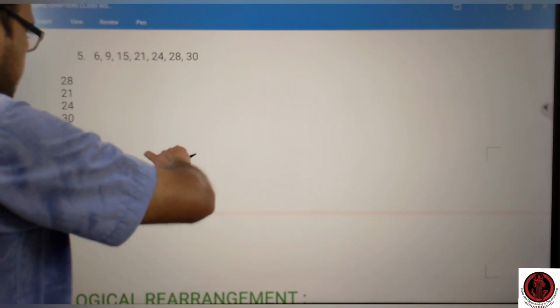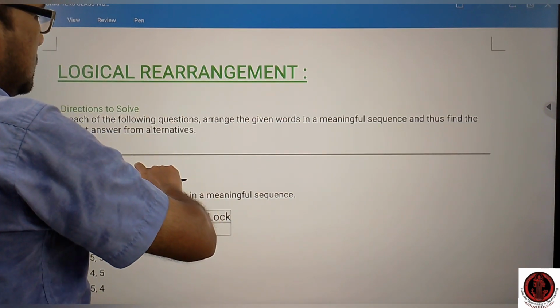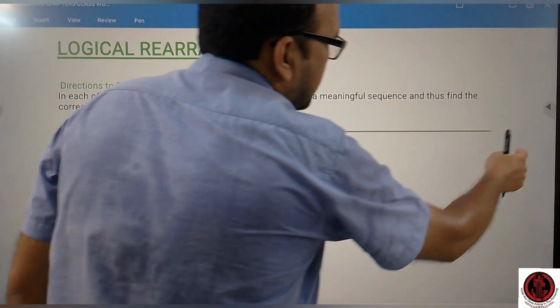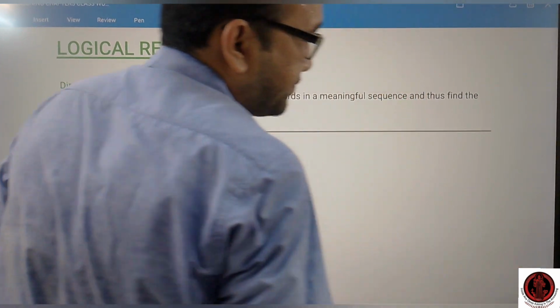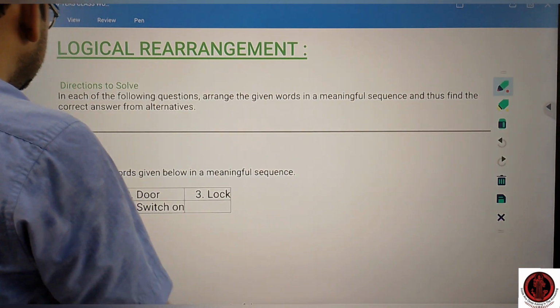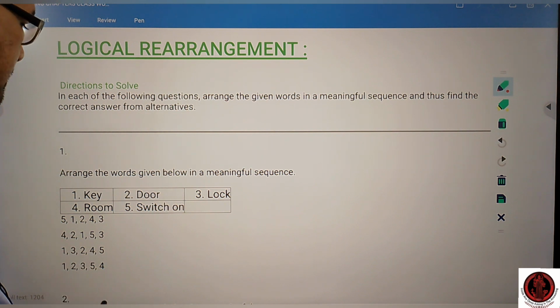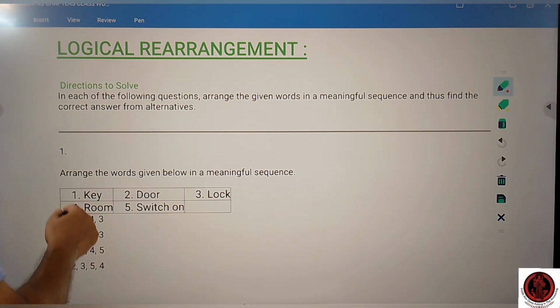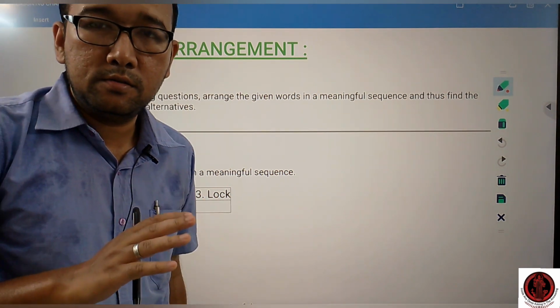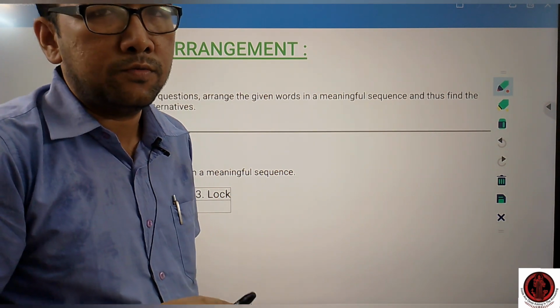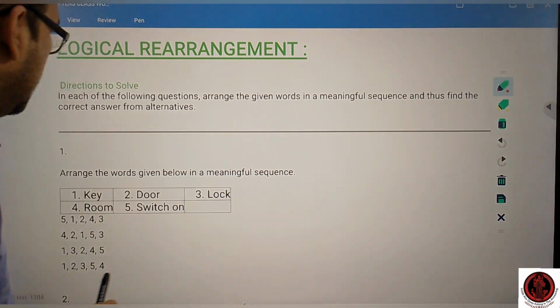Okay. So the next type is logical rearrangement. In logical rearrangement, you have to arrange the words. Some words are given, 4 or 5 or 6 words.